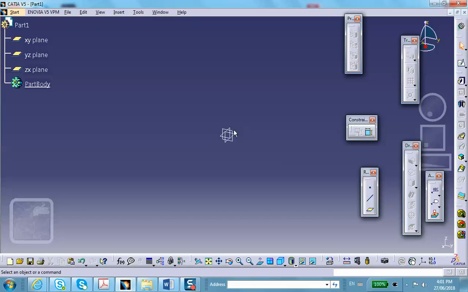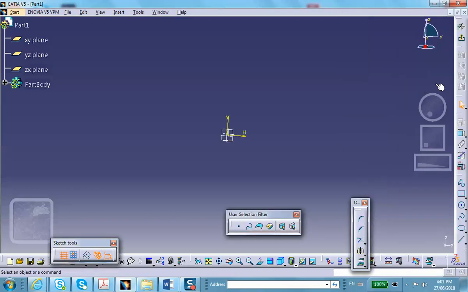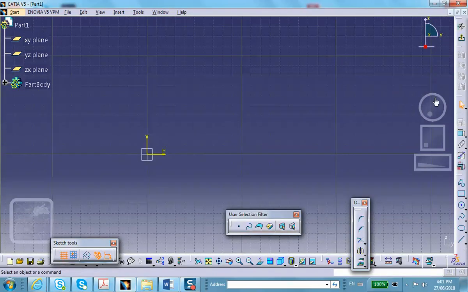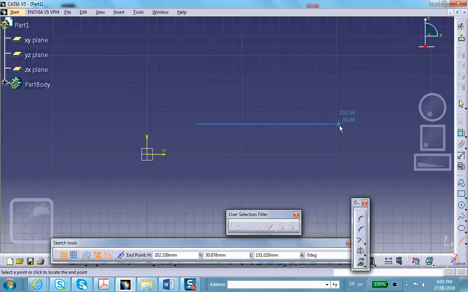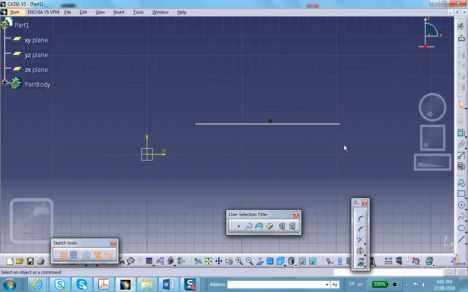So on a convenient plane, say on this vertical plane, I'll sketch a line that is 10 inches long. This is going to be half the length of the beam. Actually, let me draw it so that this is starting at the origin. That's not necessary, but I have a reason for wanting to do that.